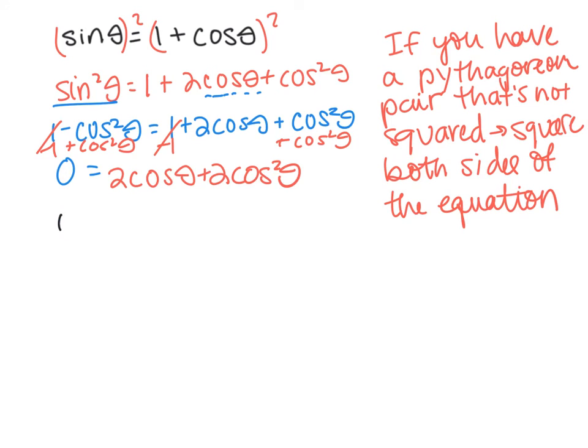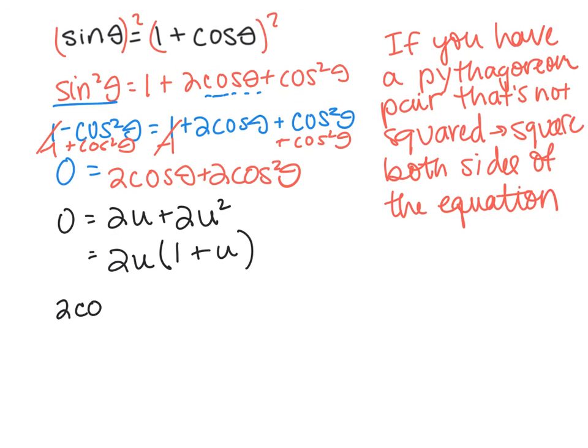Again, if that substitution helps, go ahead and write this as 2u plus 2u squared. You can factor a u out, or really you can factor a 2u out, and you get 1 plus u left on the inside. So we get 2 cosine of theta equals 0, or 1 plus cosine of theta equals 0.